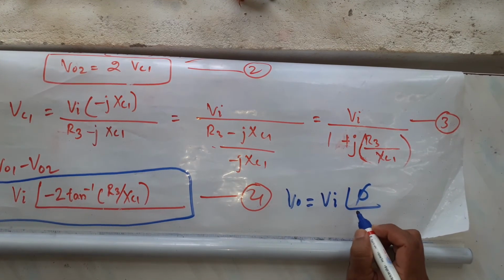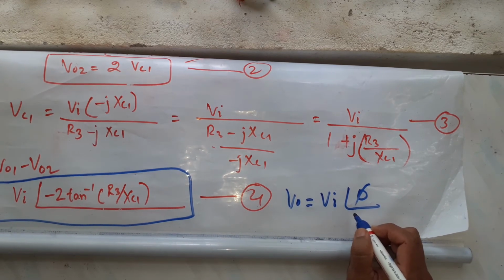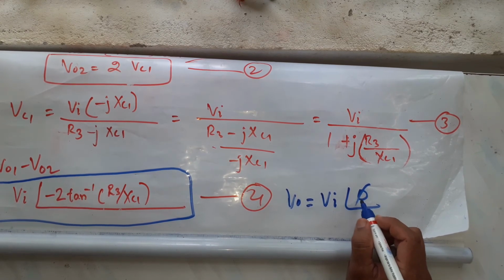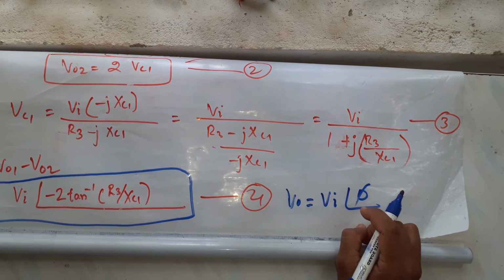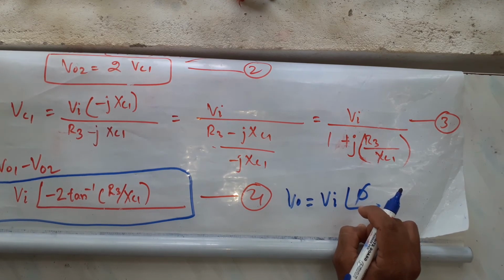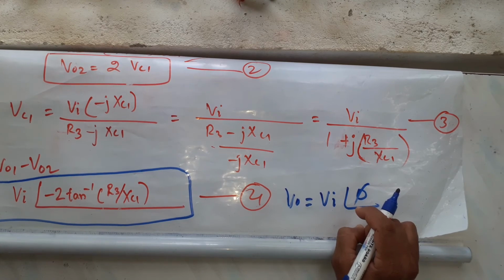So this change in angle is utilized to correct your signal. This is how all pass filters are applicable for the sake of correcting signal lag and lead when they travel a long distance for transmission.